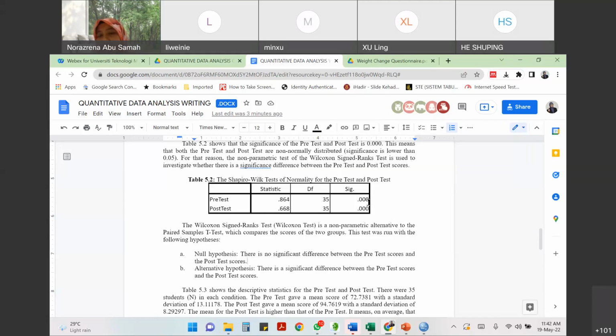For example, like I give you example on age. Age is ratio scale, but if you collect data that way, it became ordinal. Yes. So be careful for that. Okay. Thank you.